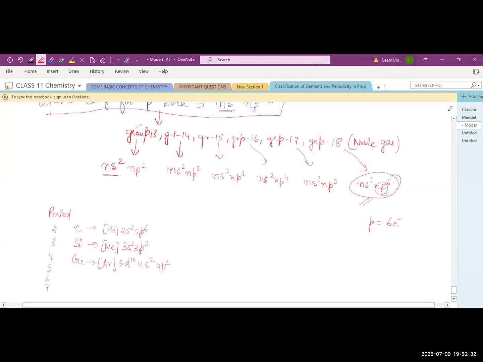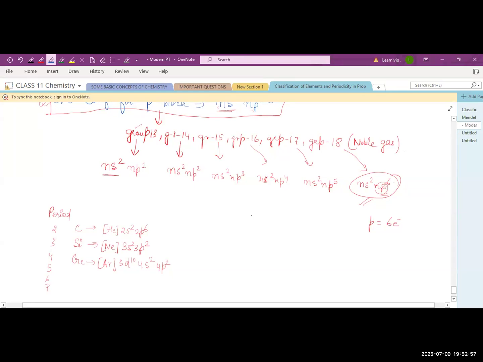Let's check it for carbon. Is it correct? Let's check it once. What is the atomic number of carbon? Are you sure it's 10?